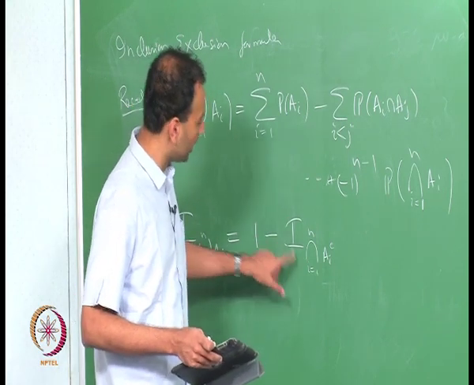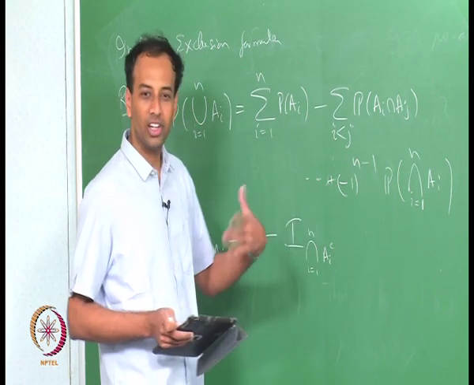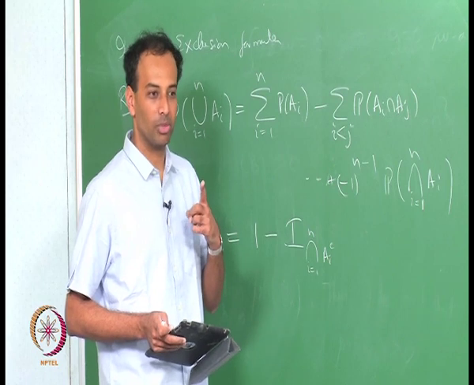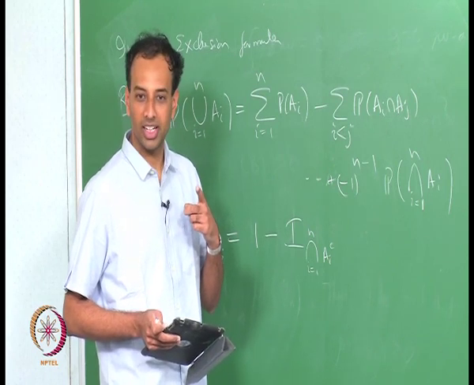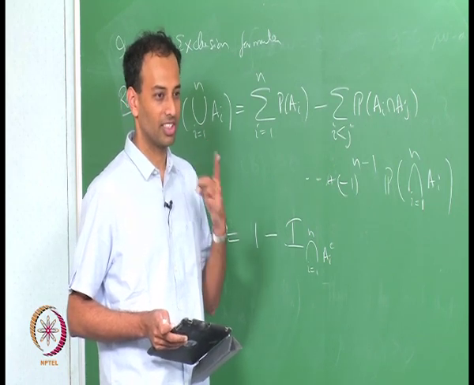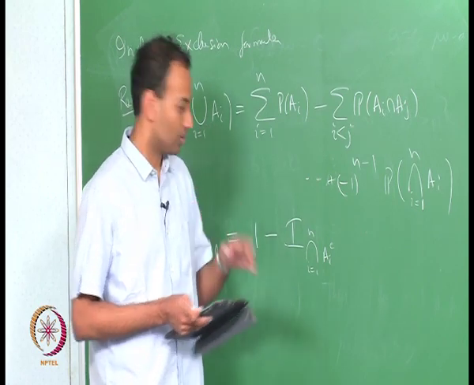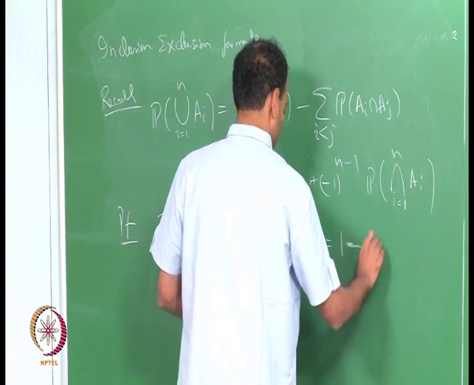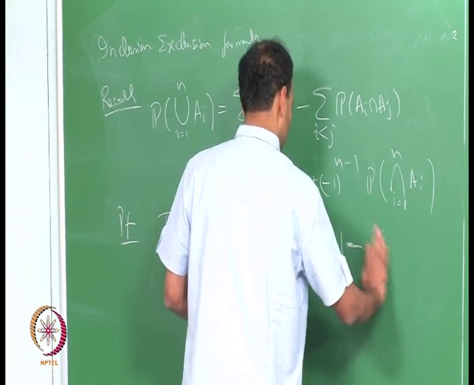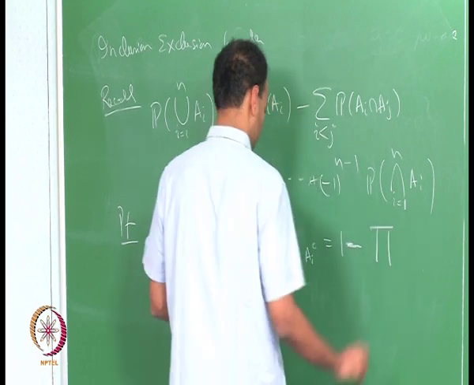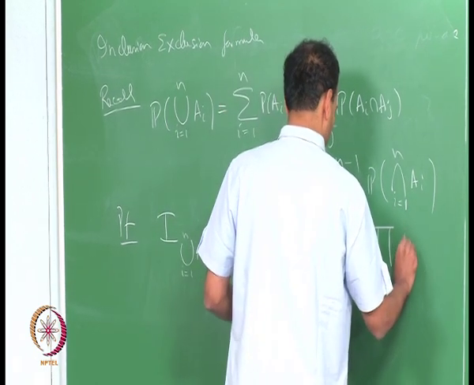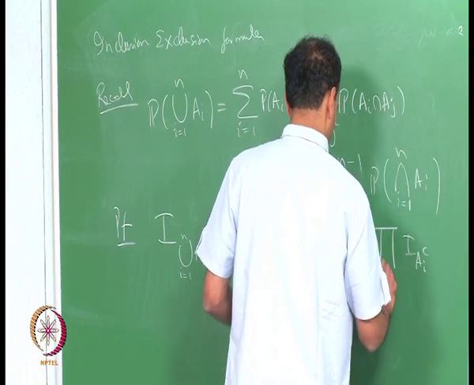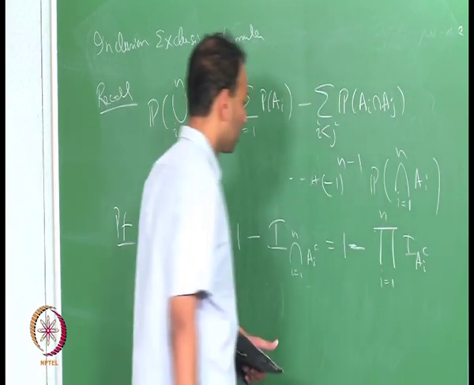Now, what is the indicator of A intersection B? The indicator of A times indicator of B. Indicator of A intersection B is indicator of A times indicator of B. So, this can be written as 1 minus the product of the indicators of A_i complement, for i equals 1 through n.